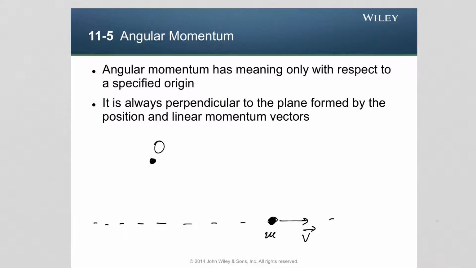Let's look at a particle with mass m moving to the right here with velocity v, and I want to calculate the angular momentum with respect to this point O. What I need to know is the perpendicular distance between point O and the direction of motion, or the line along which the momentum of the particle is directed. I need to know this distance.